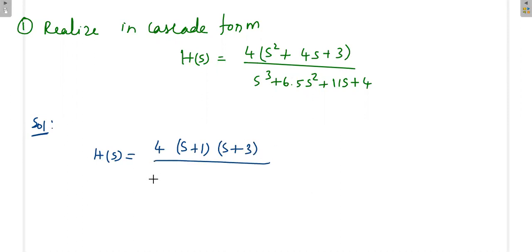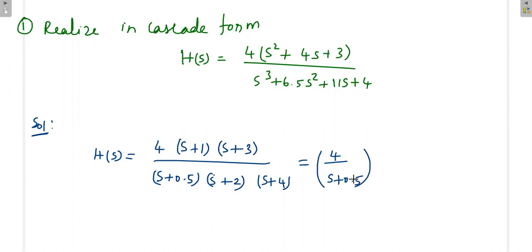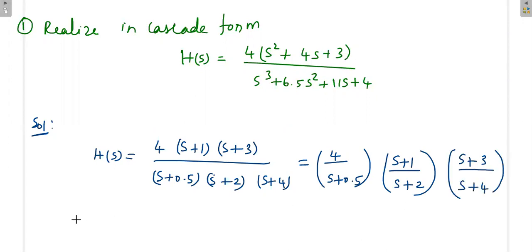In the denominator, there will be three terms: s plus 0.5, s plus 2, s plus 4. Now we can divide this into three parts: 4 by (s plus 0.5), then (s plus 1) divided by (s plus 2), then (s plus 3) divided by (s plus 4). We can write it like this.